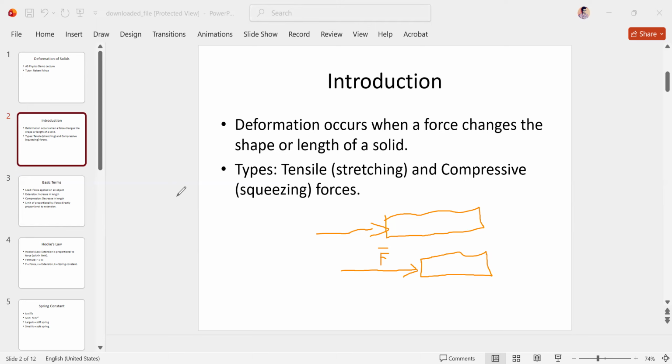Similarly, for a piece of rod, we apply force on both sides or a single side, and its length is increased from the initial size.